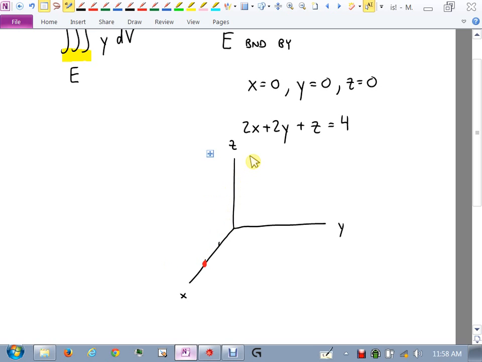All right, now let's let X and Y be 0. If X and Y are 0, what's Z? 4. Point up there. And now let X and Z be 0, and Y is 2.